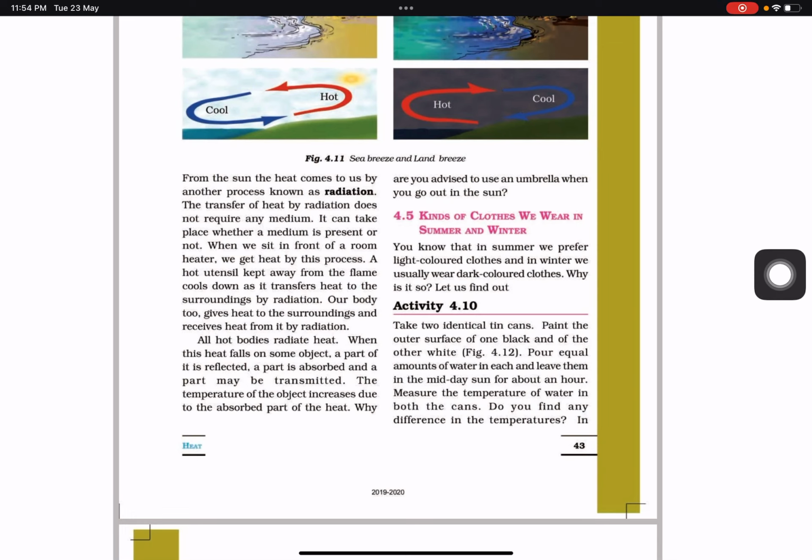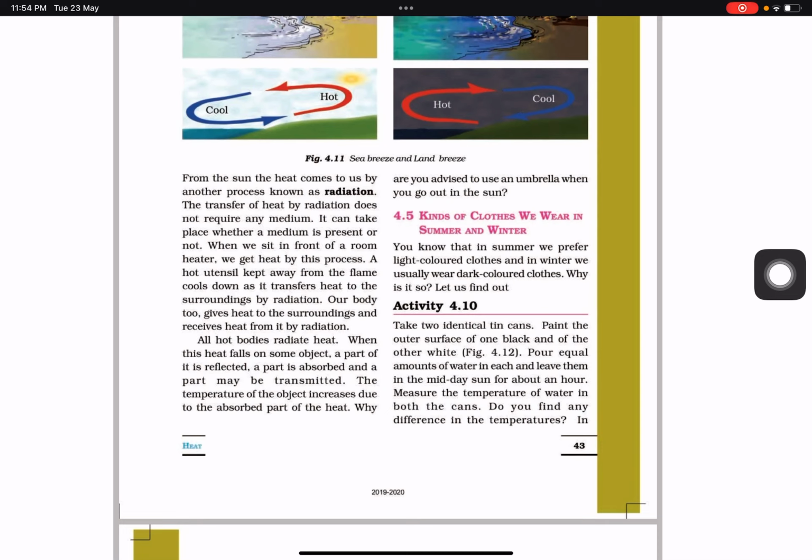Okay, so कोई भी ऑब्जेक्ट 3 चीज़ें करता है. क्या वो हीट को ट्रांसमिट करता है, क्या वो हीट को एब्जॉर्व करता है, या फिर क्या वो हीट को रिफ्लेक्ट करता है. तो जो लाइट ऑब्जेक्ट हीट को रिफ्लेक्ट करते हैं और ट्रांसमिट करते हैं. ट्रांसमिट मीन्स उसके अंदर से जाना. और डार्क कलर के क्लोथ्स हीट को एब्जॉर्व करते हैं.